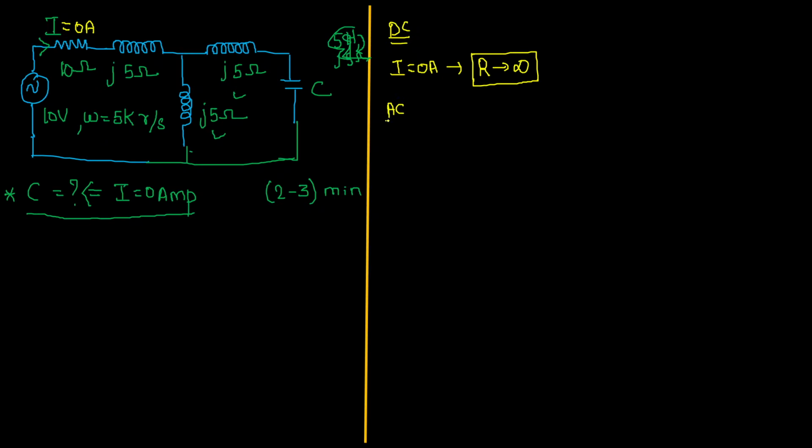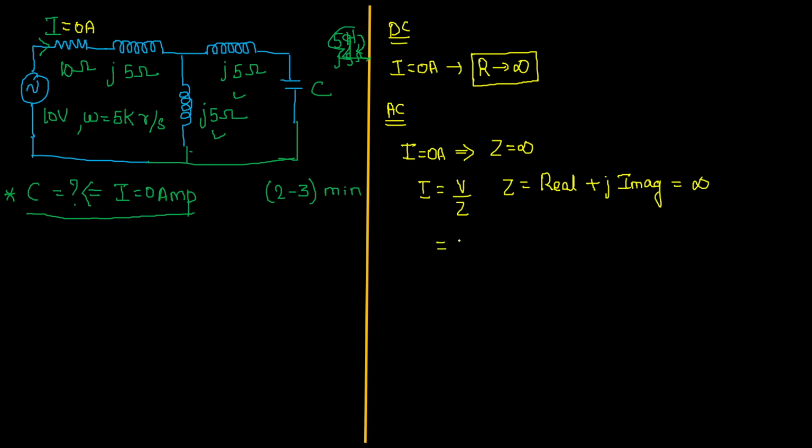In AC analysis, same case: current will become 0 ampere only when the impedance approaches infinity, because in AC, I can be written as V upon Z, where Z is the total real part of the circuit plus J times the total imaginary part of the circuit. When this approaches infinity, that is the point where the current will become 0 ampere. Am I right? Exactly, sir.